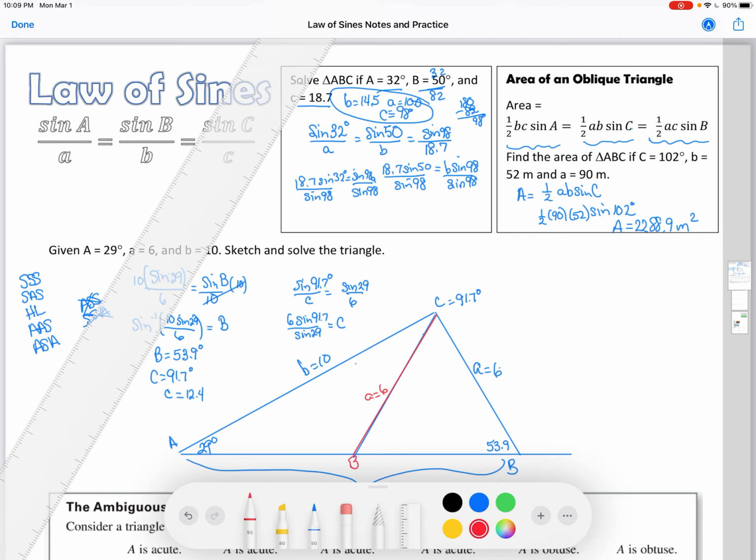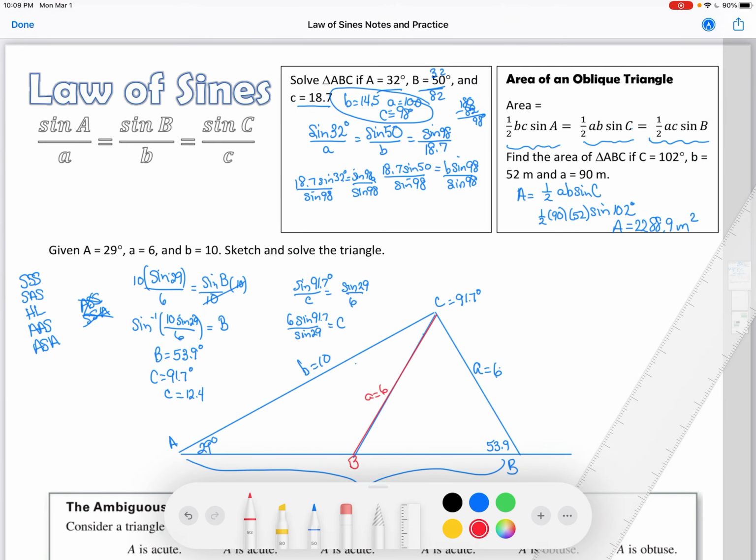But angle B is no longer 53.9, and angle C is no longer 91.7, and side C is no longer 12.4. There are 2 triangles that satisfy this situation where A is 29 degrees, side A is 6, and side B is 10. And so, to find that other triangle, we have to realize that this triangle with the two angle B's, B and B prime if you want to call it that, is an isosceles triangle.